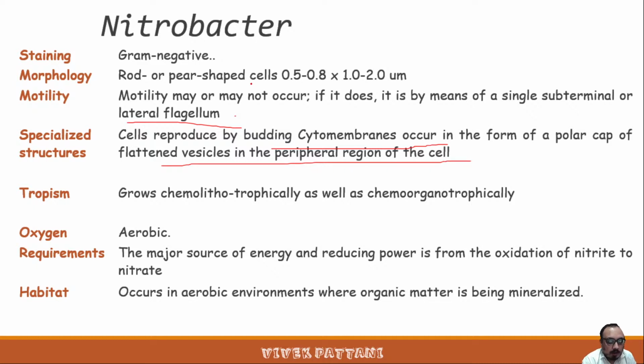They grow chemolithotrophically as well as chemoorganotrophically, so they have a mixed mode of nutrition. They are aerobic bacteria, and the major source of energy and reducing power is from the oxidation of nitrite to nitrate, which occurs in aerobic environments where organic matter is being mineralized.